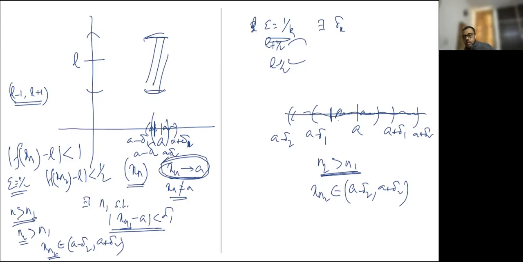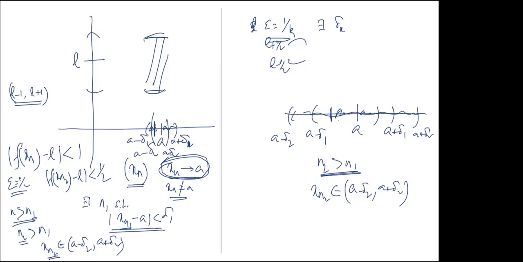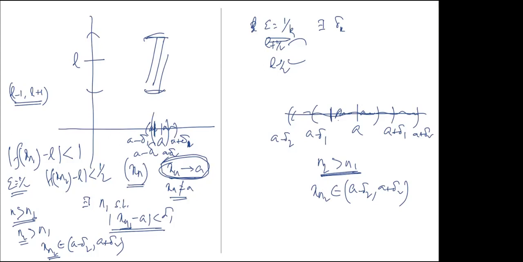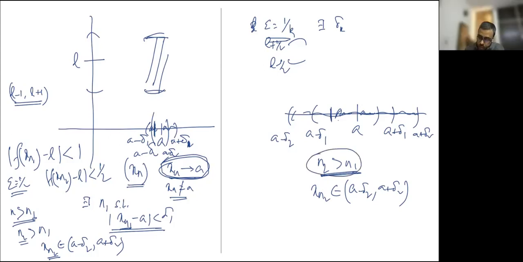You are just choosing your xn's appropriately so that the choices give you a subsequence. Okay, that's why we are focusing on this condition.